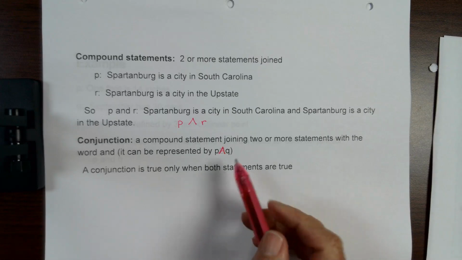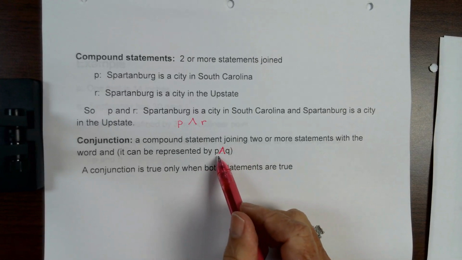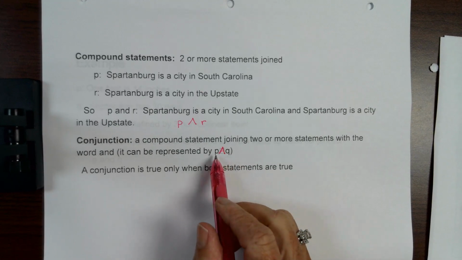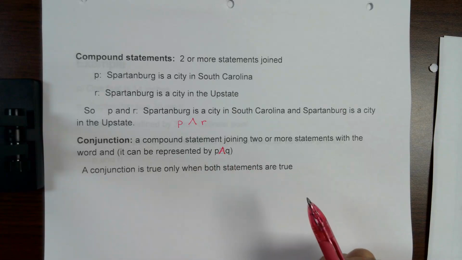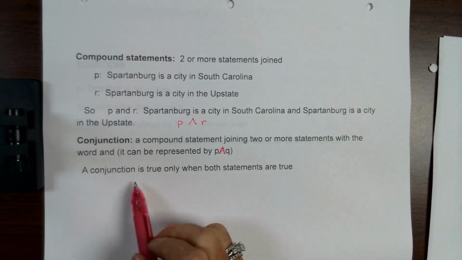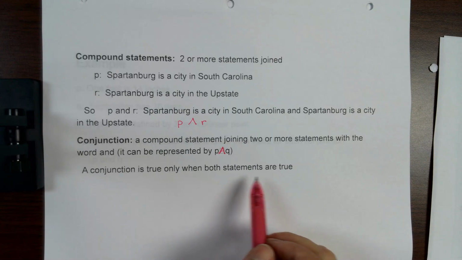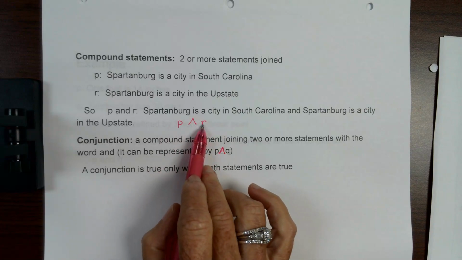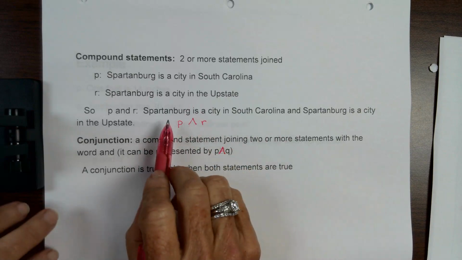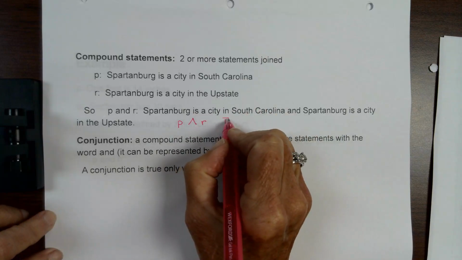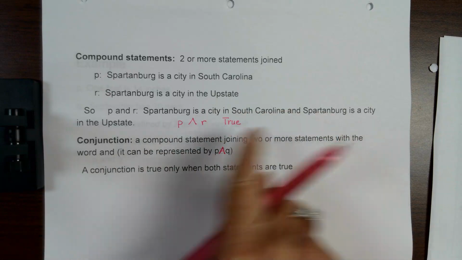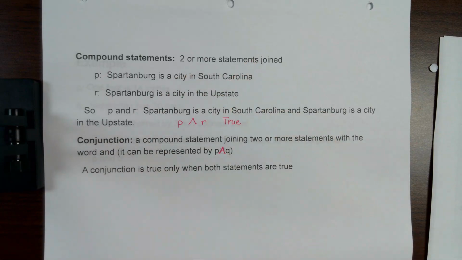Now, in order for the statement P and Q to be true, both P must be true and Q must be true. So a conjunction is true only when both statements are true. Here the truth value of P and Q is true, because both of those statements are true.